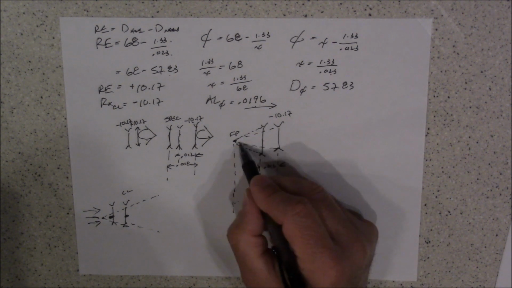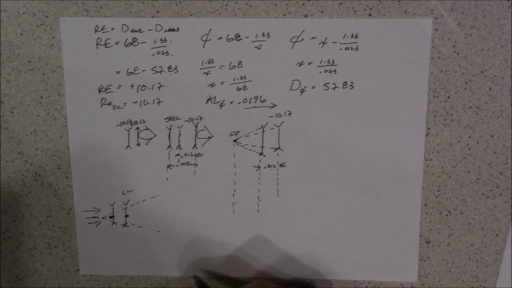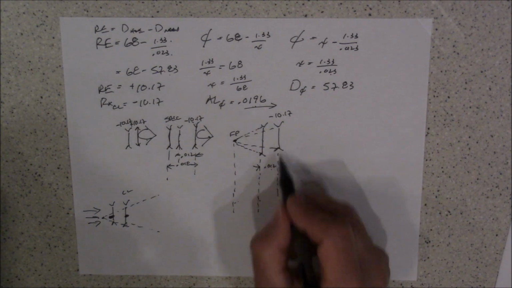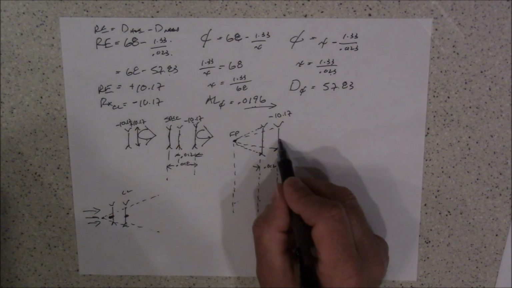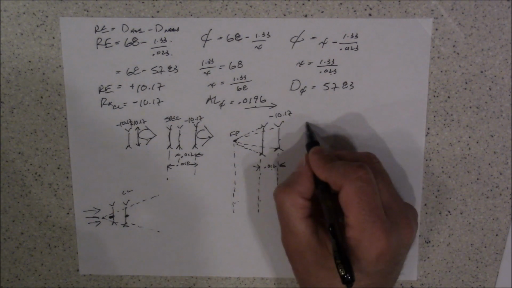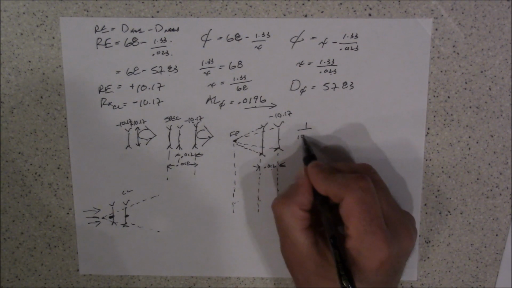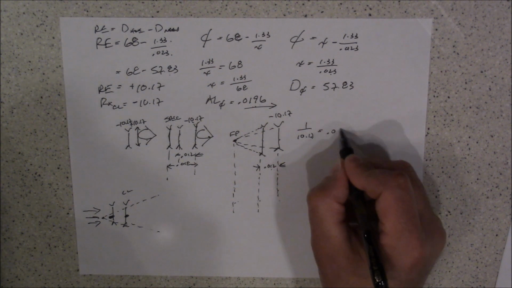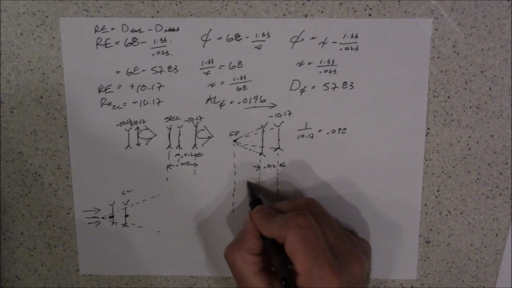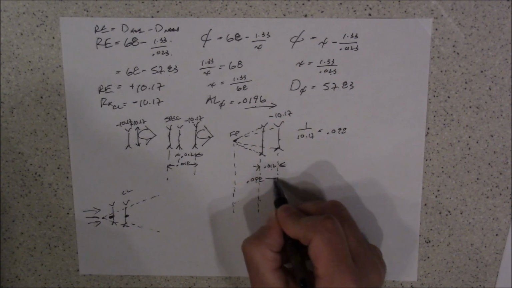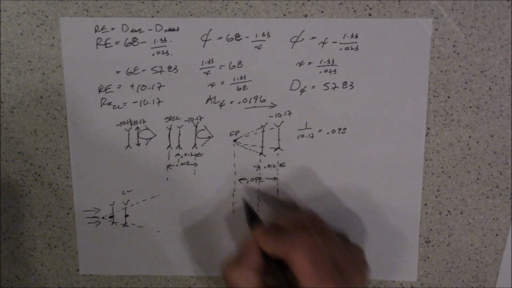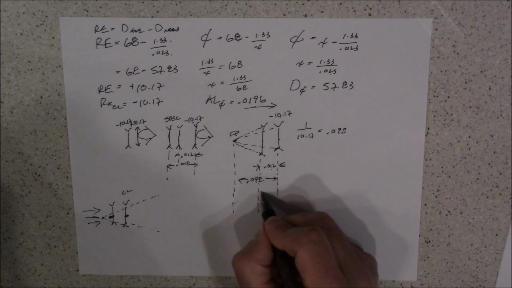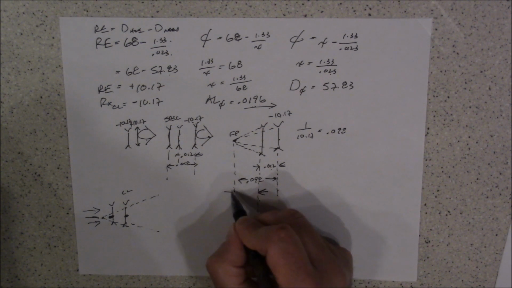That's going to be the focal distance of my spectacles at a vertex distance of 12 millimeters. To find the distance from here to here, the focal distance of my contacts, I'm going to take the inverse of its dioptric power. That's the 10.17, and that gives me 0.098. So the distance between here and here is 0.098. I now need to know what the distance is from here to here.